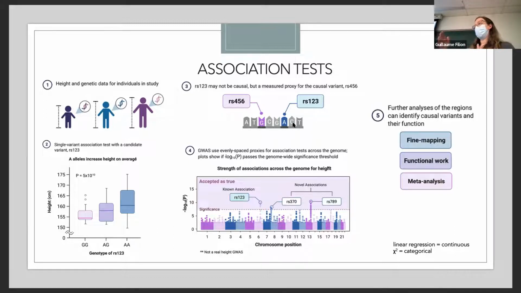You do take the one that is the most significant, assuming that it would be more likely to be the causal SNP, but it's not necessarily. So again, you take it as knowing that it's in linkage with something that is causal, and then it's the fine mapping functional work downstream that can actually help to identify which one is definitely the causal.